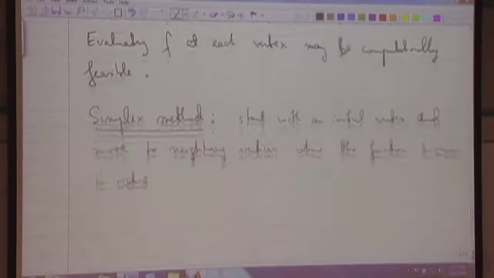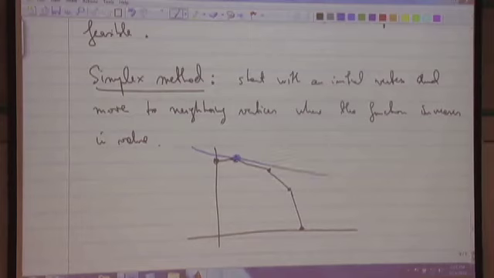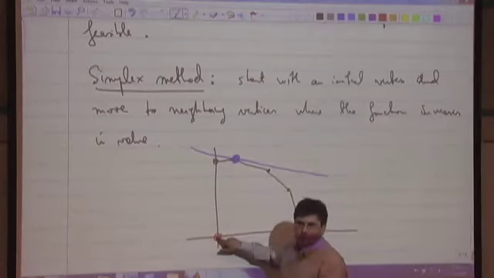So again, it's impossible to draw in more than 2 dimensions. But let's say it's in 2 dimensions, and I have 1, 2, 3, 4, 5 constraints, right? And let's say the maximum is occurring at this vertex. Then the simplex would start somewhere. You can pick the point to start, but typically you start at the vertex that you know.